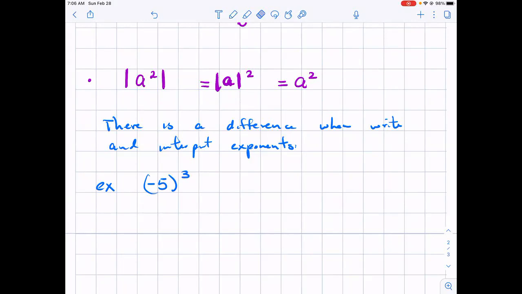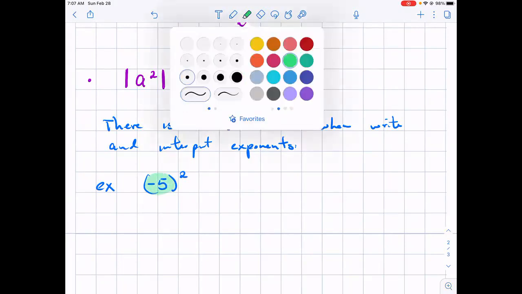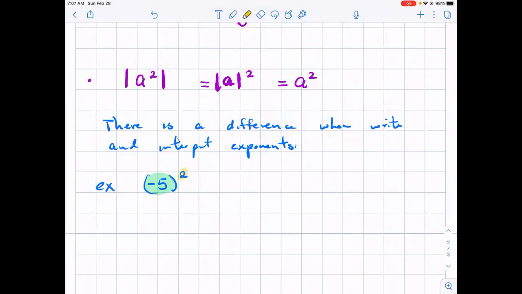Or let's say I square it, because generally the square is the problem. So keep in mind that this here is my base, okay? The exponent tells you how many times you should multiply the base. So the base is not minus 5. The base here is the parentheses times the parentheses.